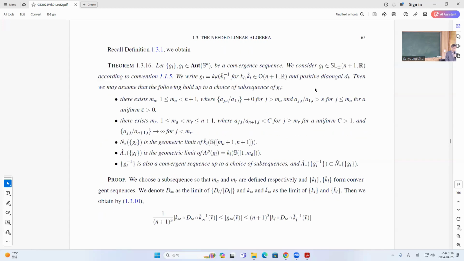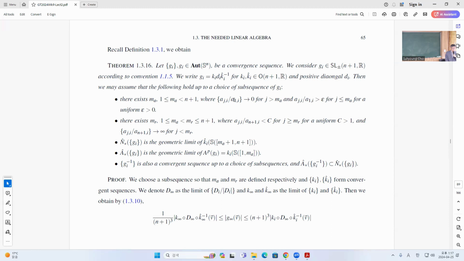And the way to understand this convergence limit is that there is some number m_A between 0 and n plus 1, where the ratio always goes to 0, or it's bigger than epsilon for j less than m_A, for some uniform epsilon. So for any sequence you can do that.